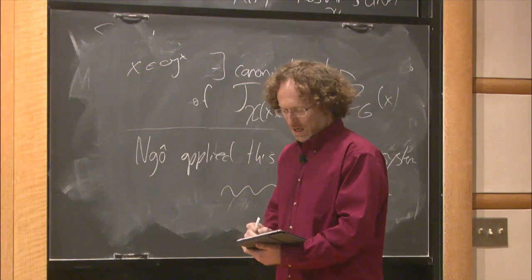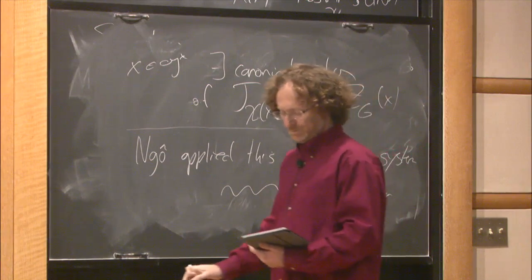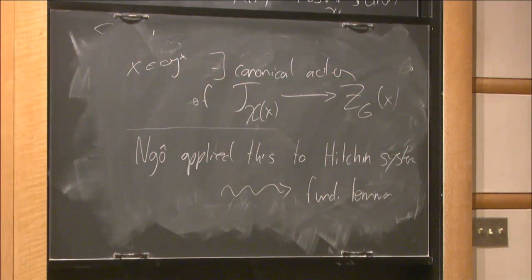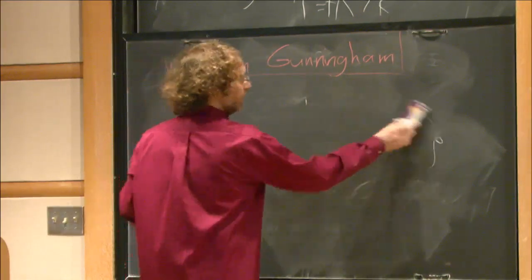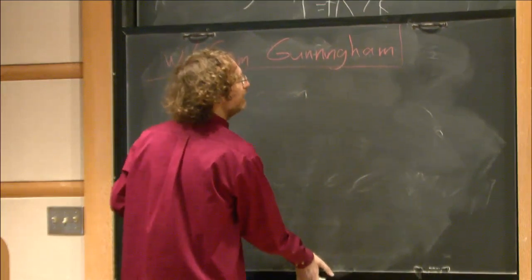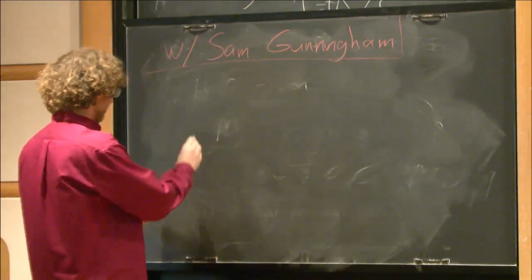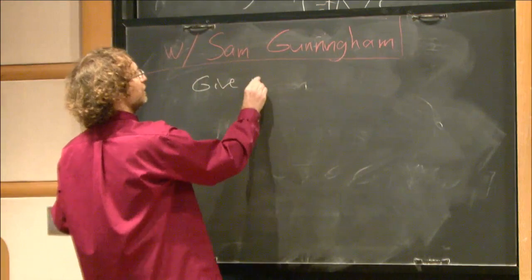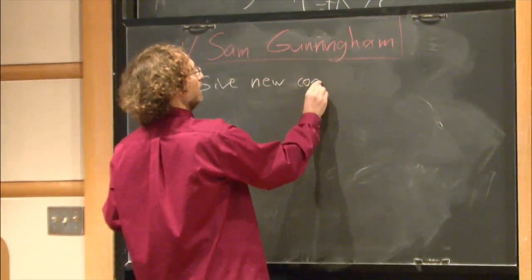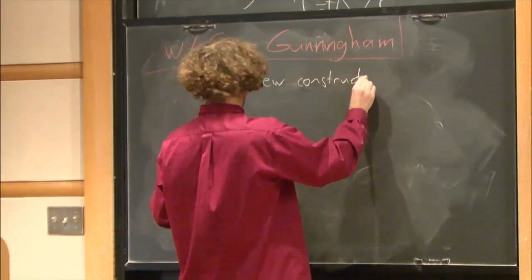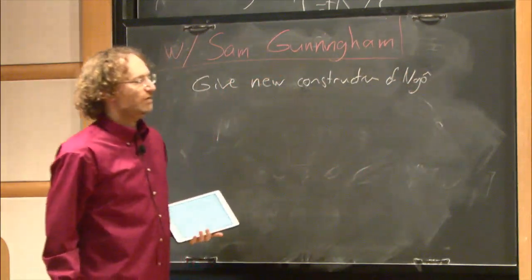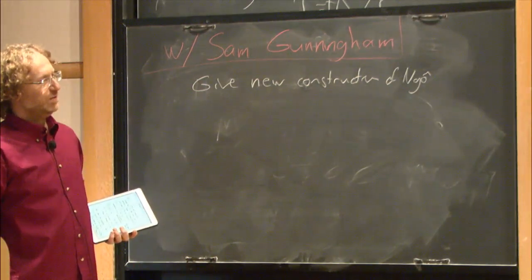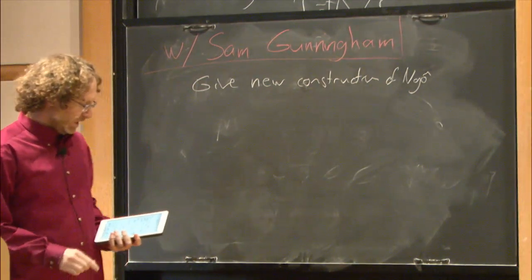OK. What do we do? So one of the things we want to do, this is one of the things we do with Sam, is we give a new construction of this Ngô action, which in some sense is much less explicit, but is much more structural.